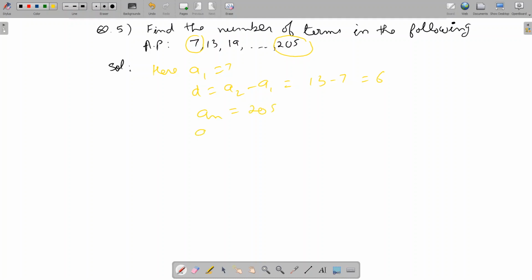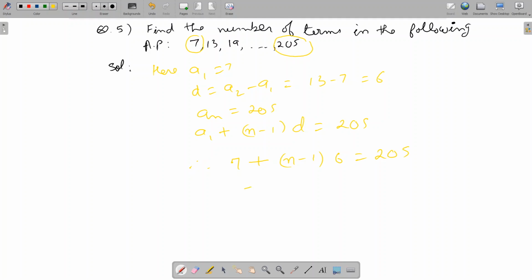So we have a1 plus (n minus 1) into d equal to 205. Therefore, putting the value of a1, 7 plus (n minus 1) as it is into d, d is 6, equal to 205.